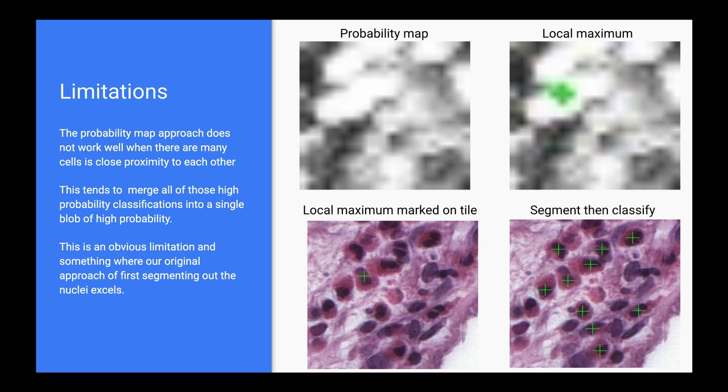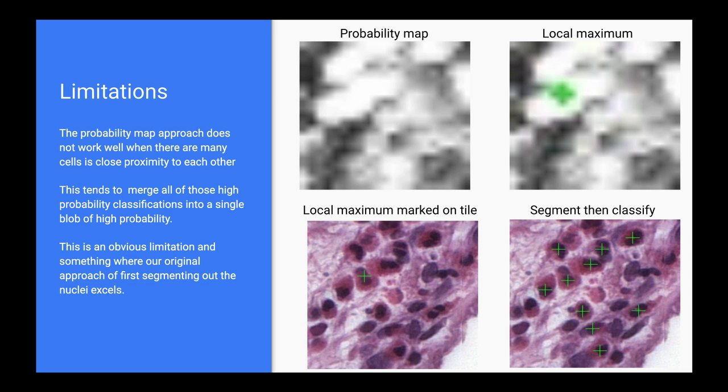So I mentioned the limitation of the probability map approach, and that comes into play when there are a lot of eosinophils that are in close proximity of one another. Because what ends up happening with the probability map is you just get a big cluster of high probability and it just gets all lumped together. And so when you find the local maximum of that, you just get one point, and there's no distinction between where the individual cells are within that blob of high probability.